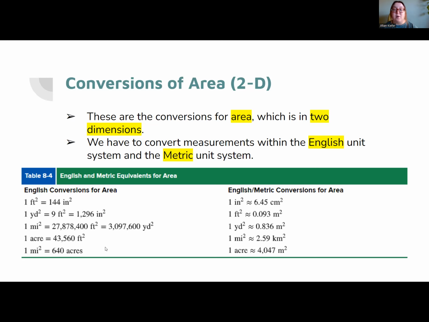Then we have things like 1 mile squared is 27,878,400 feet squared. Also 3,097,600 yards squared. So we use our conversions to find these. 1 acre is 43,560 feet squared, and 1 mile squared is about 640 acres.